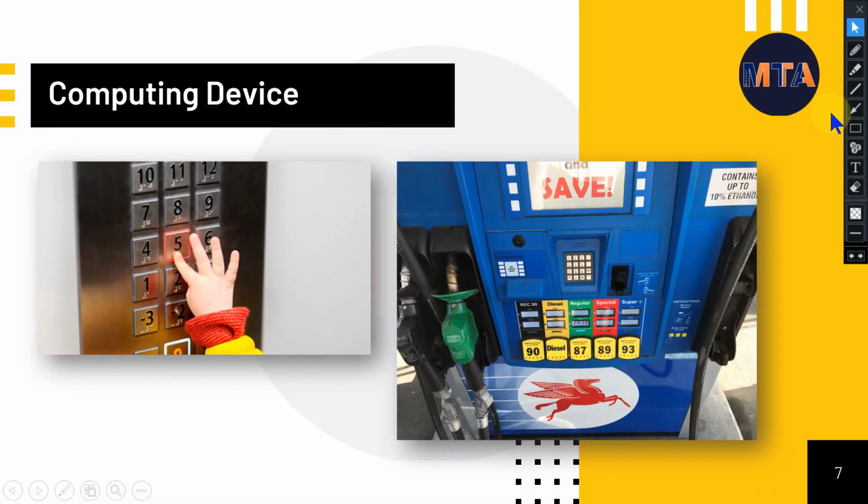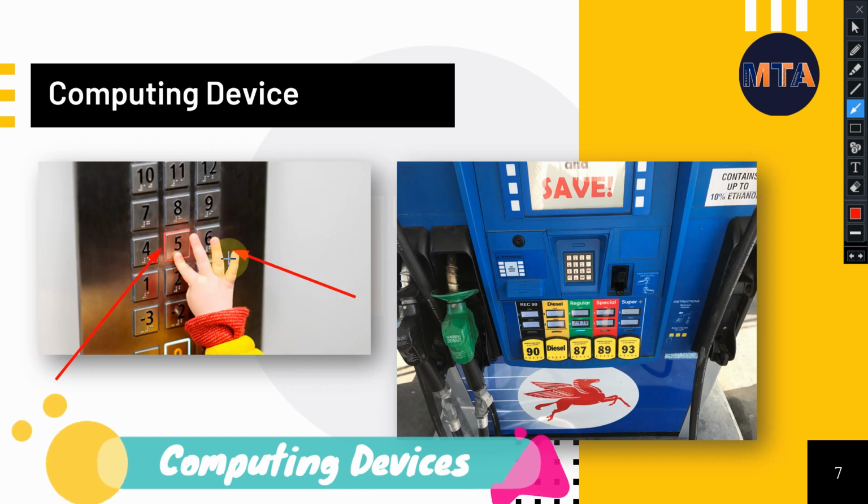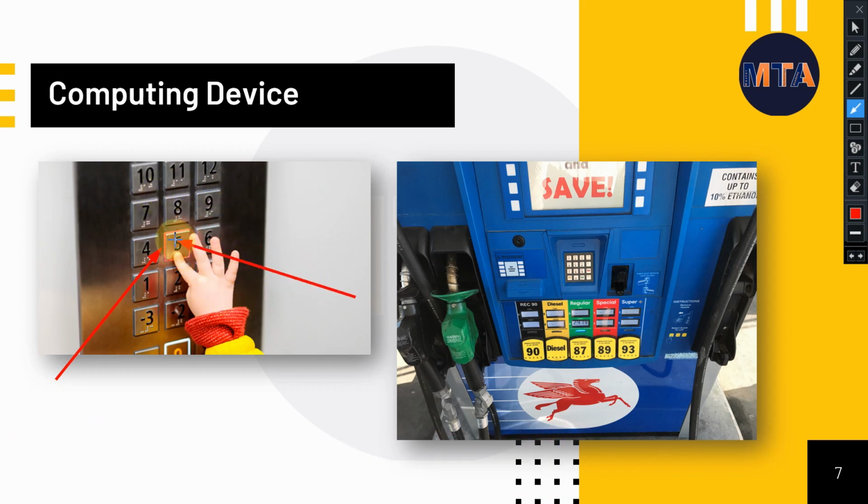And the next example of computing devices here we can call the elevator. This person is going to the 5th floor by pressing the button here. This is a system you might be familiar with; it is easy, but it is famous for all of us.